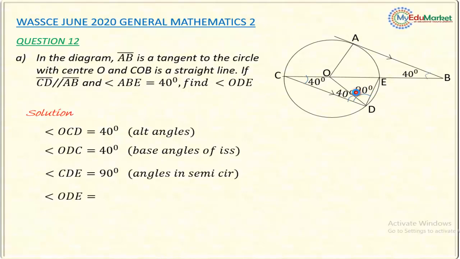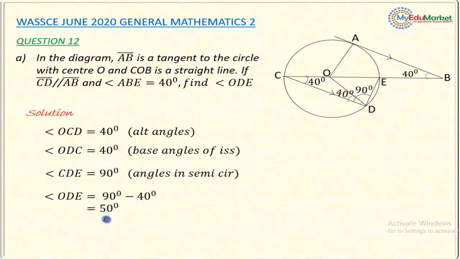So I have 90 minus 40 degrees. This will leave me with angle ODE to be what? 50 degrees. So angle ODE is now 50 degrees. So with this I have answered the question.